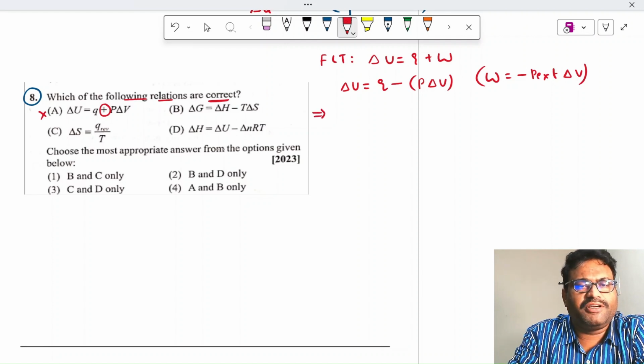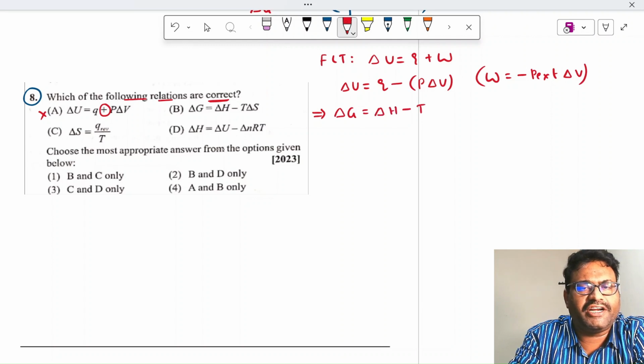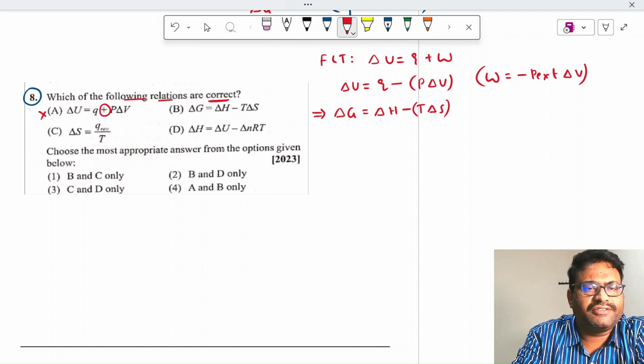Next, from Gibbs theory, we have studied that delta G is equal to delta H minus T delta S. So this is correct.